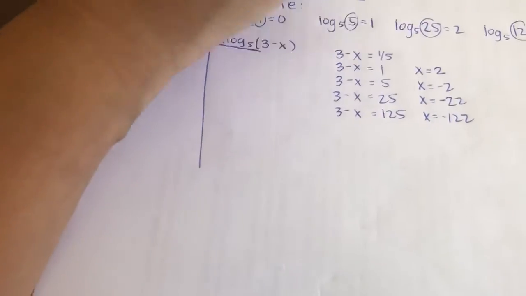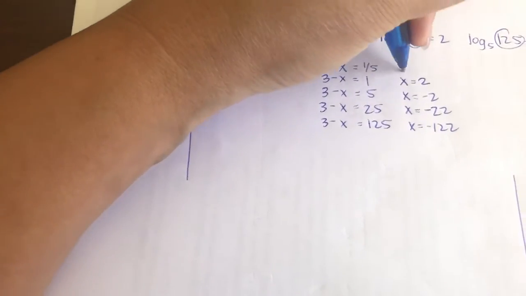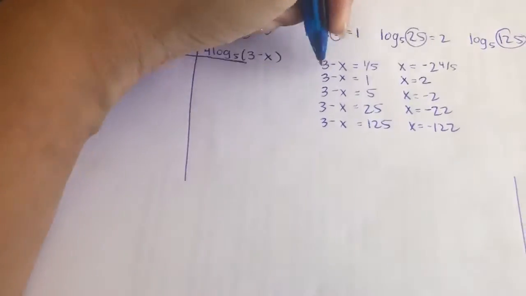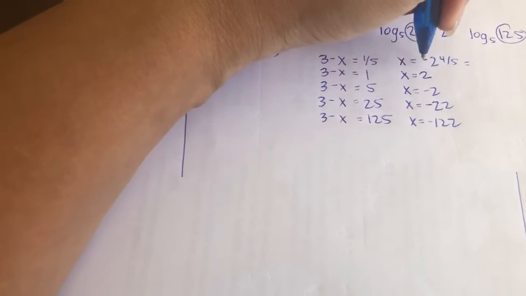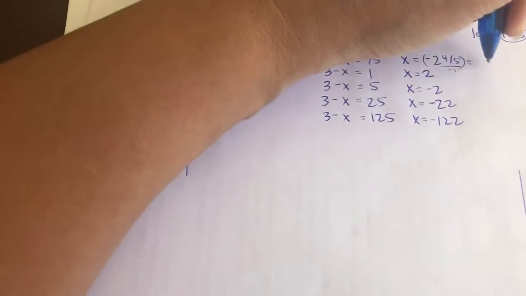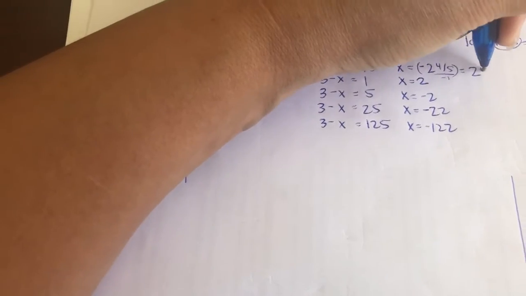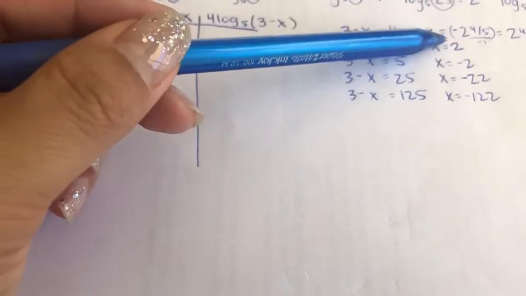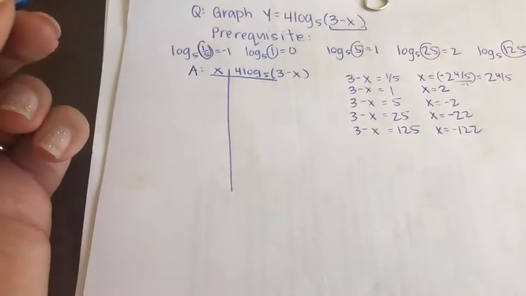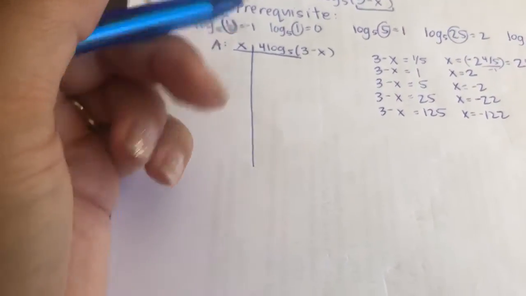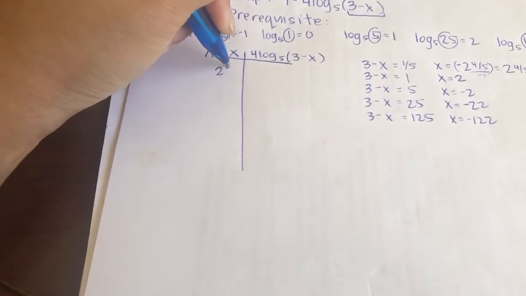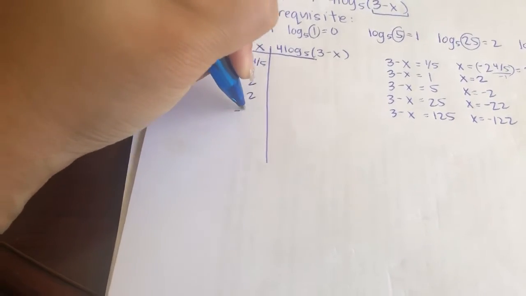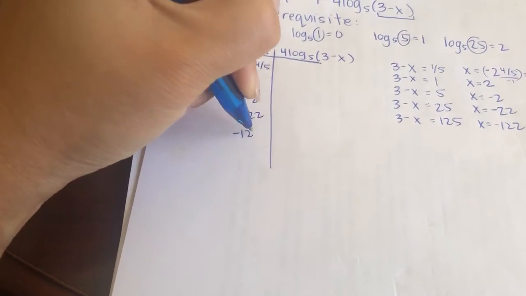And for 1/5, subtract 3 gives -2 and 4/5, and divided by -1 is +2 and 4/5. So those are all the numbers we would want to plug in for x: 2 and 4/5, 2, -2, -22, and -122.